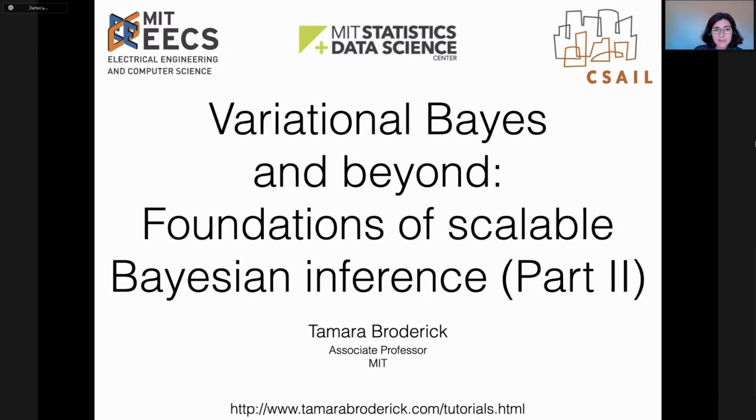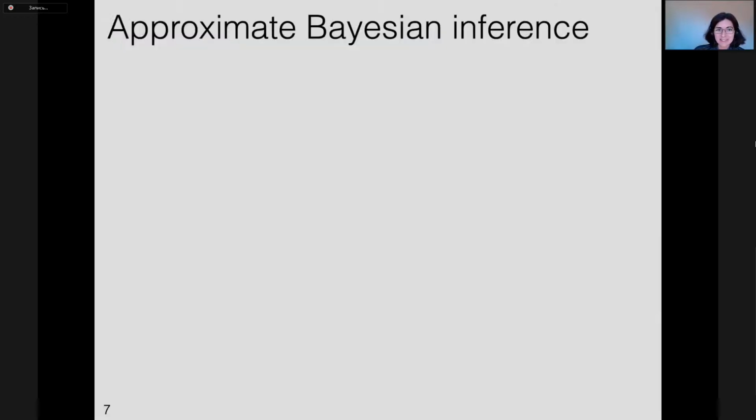The one thing I want to go over from yesterday's slides is the choices we made. We want to do approximate Bayesian inference, because we have large high-dimensional models that we can't solve in closed form.